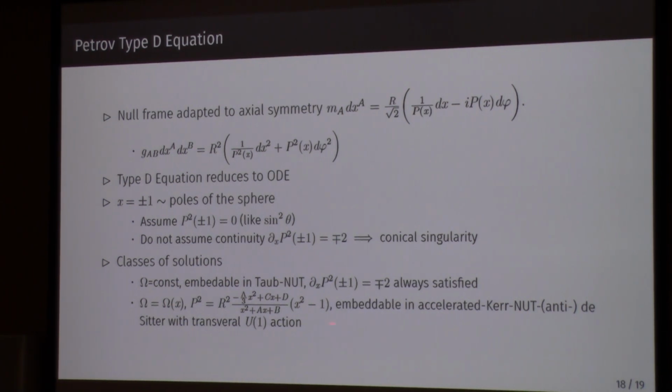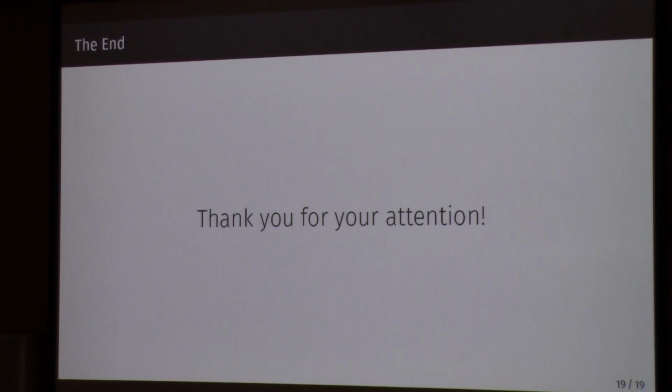Four is also the number of parameters in the accelerated Kerr-NUT-AdS spacetime, and we found this class to be embeddable in our suitably glued accelerated Kerr-NUT-AdS. Okay, so thanks. That will be all from me.